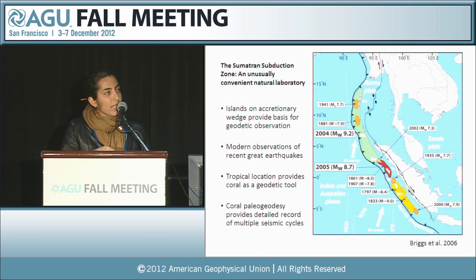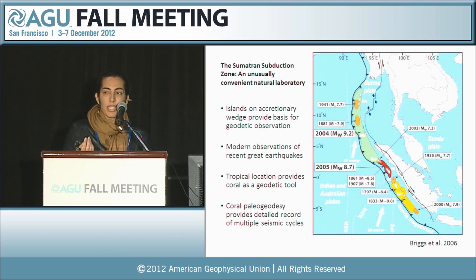The Sumatran subduction zone is an excellent natural laboratory to address these questions. First of all, because there are islands located right above the seismogenic part of the subduction zone, which provide a basis for geodetic measurements. We, of course, have modern observations of the great earthquakes which have occurred there recently. And most importantly, the location provides coral as a geodetic tool.